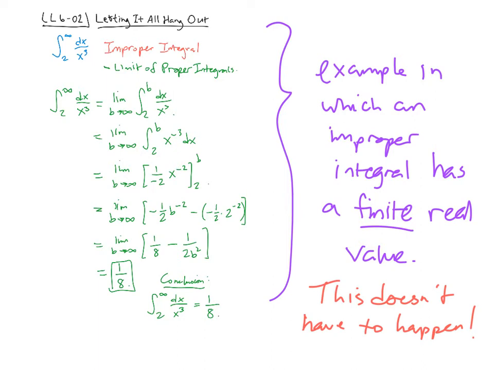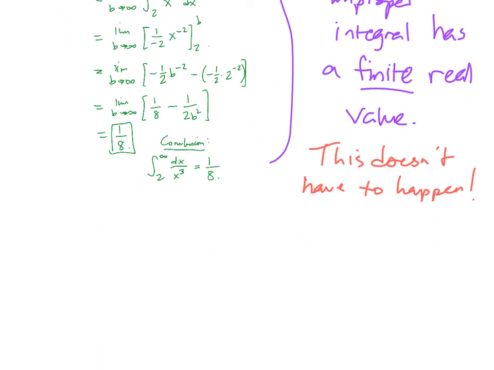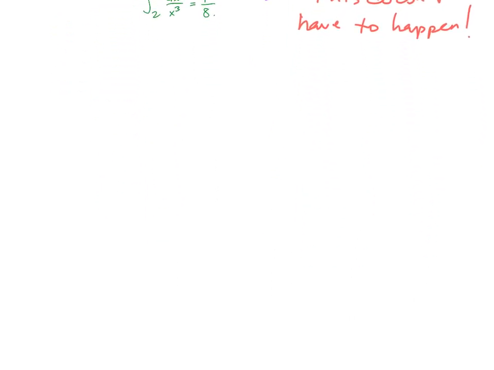So to give another example, let's move out of here for a minute. Okay, here's another example. Suppose I ask you about the integral from 2 to infinity again of dx over the square root of x. Let's see what happens if we evaluate that in the same way.